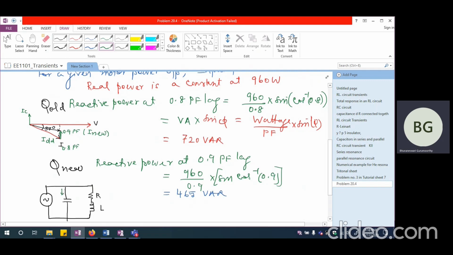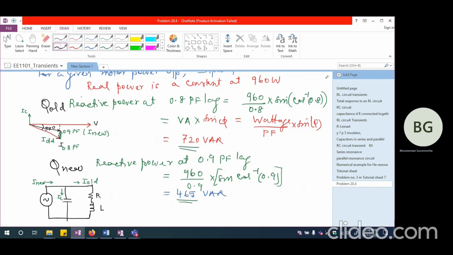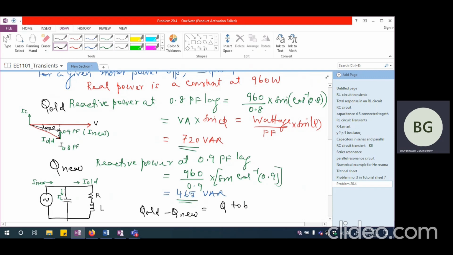So this is going to be IC, this is going to be I_old, and this will be I_new. So the difference between these two, Q_old and Q_new, is the Q to be supplied by C.